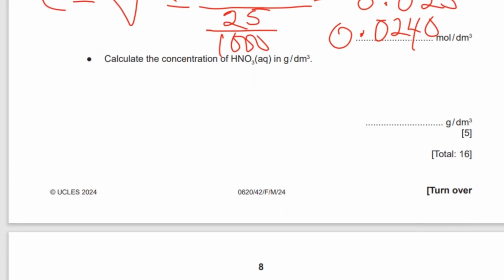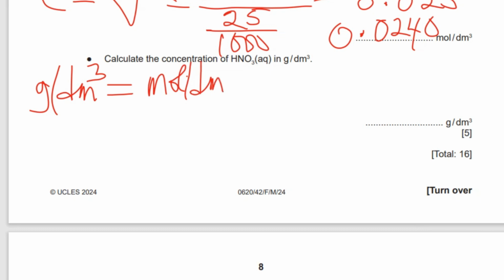Now we make progress. Calculate the concentration of HNO3 in gram per dm³. Concentration in gram per dm³ is equal to concentration in mole per dm³ multiplied by the mass of 1 mole.